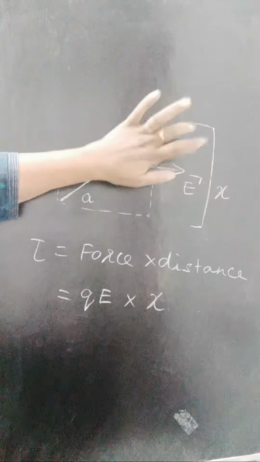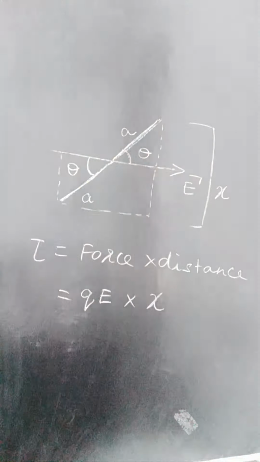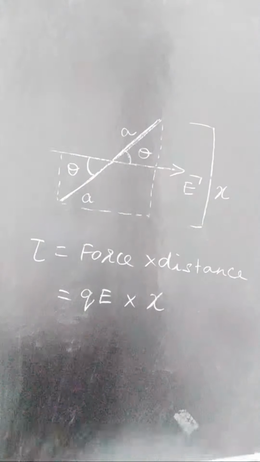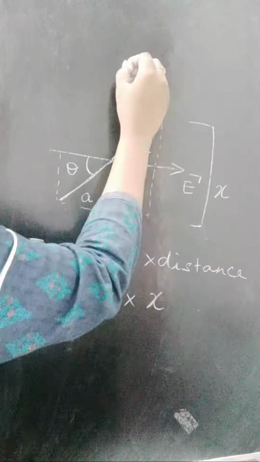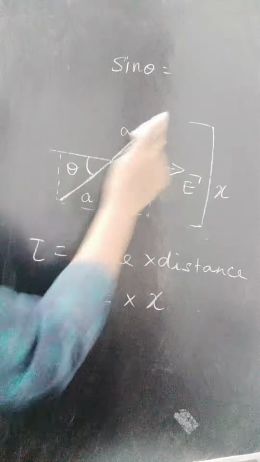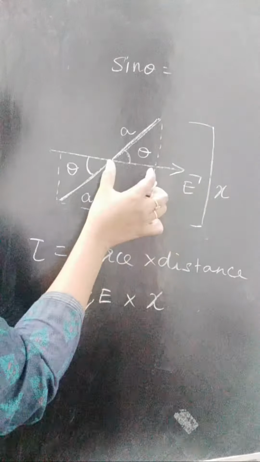When you don't know the opposite value, and I know theta and the hypotenuse, which formula? Shall I use sin theta? Very good. Sin theta. What is the value of sin theta? Sin theta is opposite divided by hypotenuse. In this case, shall I write? Here for example I am taking some value y.